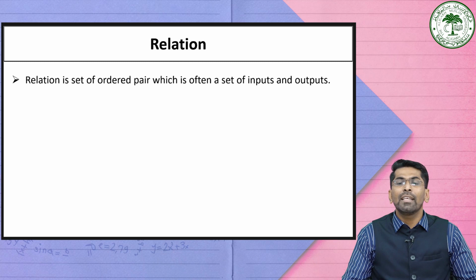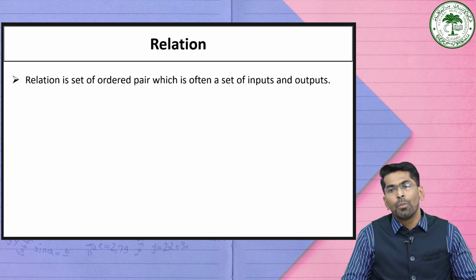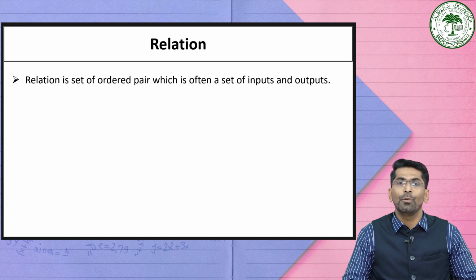A relation is a set of ordered pairs, often a set of inputs and outputs, and represents a relationship between two values.